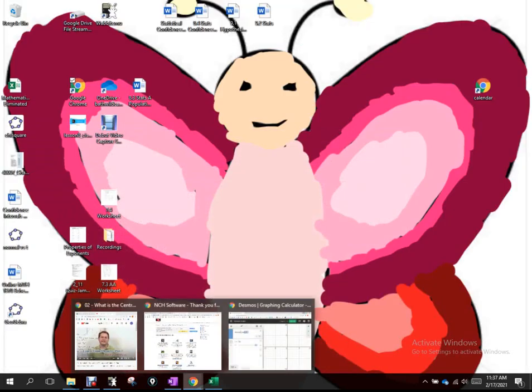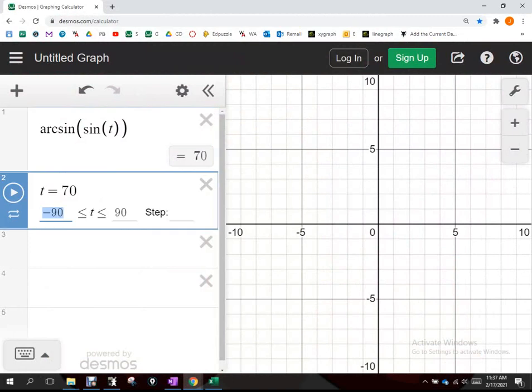If I'm looking at an angle that is not between negative 90 and 90, let's just go from 0 to 180. So 0 to 90 is still in that negative 90 to 90 interval, so I'm still getting the return of whatever my input was, right? If I go above 90, do I get that return?